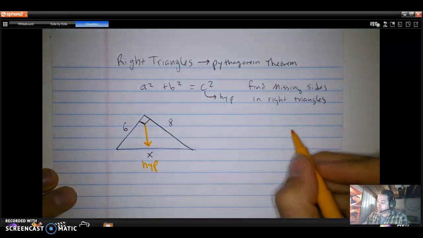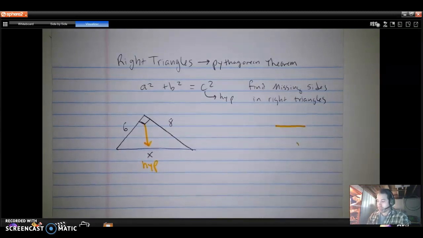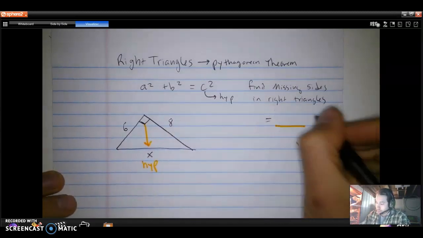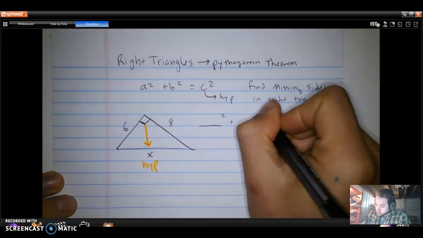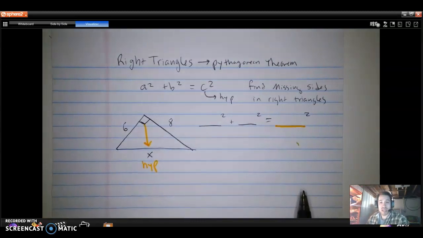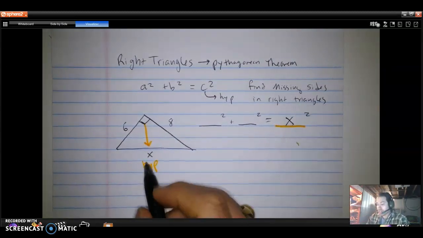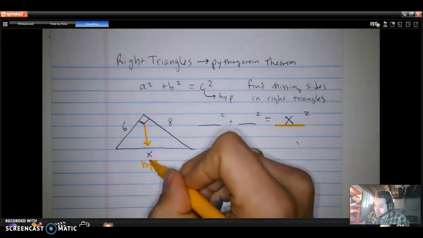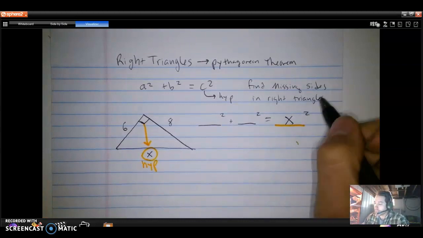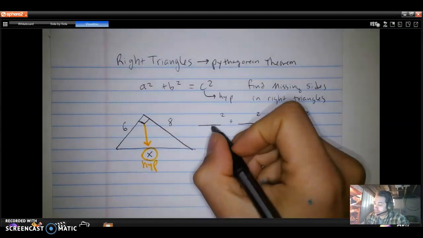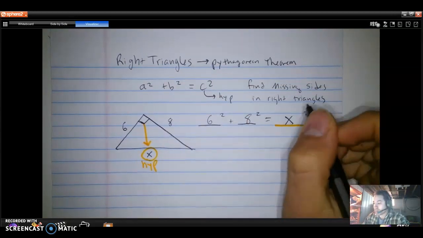Now, the reason the hypotenuse is so important is that it has to be by itself. That is our c value. Blank squared plus blank squared equals blank squared. I fill in the hypotenuse first. In our case, the hypotenuse is x, so I'm putting x over here. Now, I have 6 squared plus 8 squared.